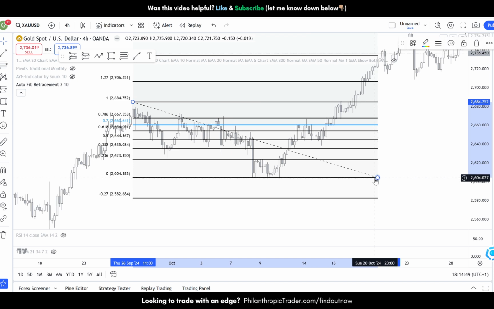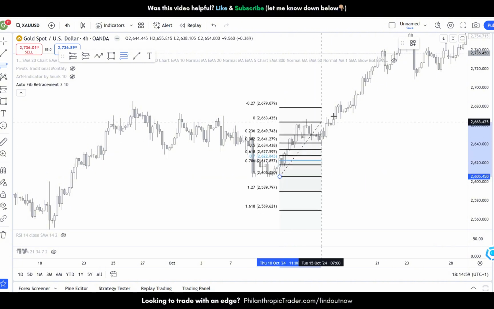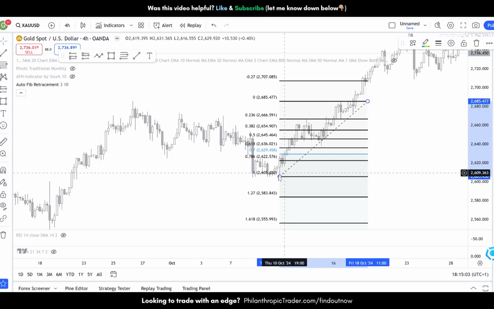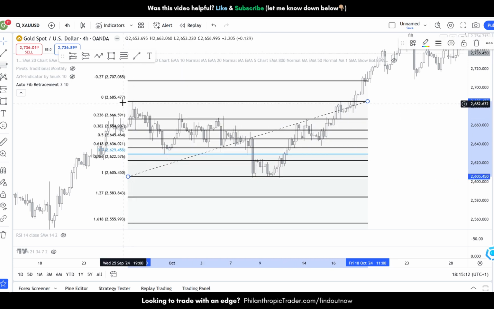You can do it like this, but if you really want to do it correctly, you start down below and you go over here to the way you want it to move, right? So we have this. Now the 0 is here and the 1 is here. We have the high and we have the low.